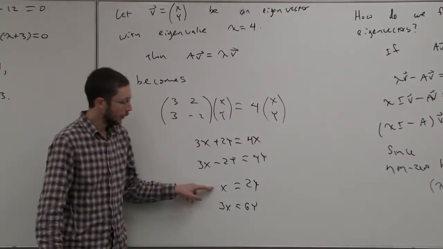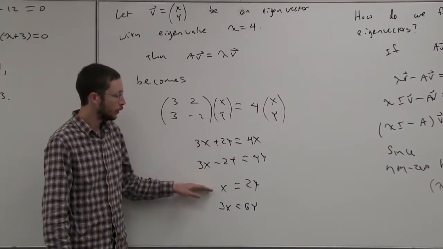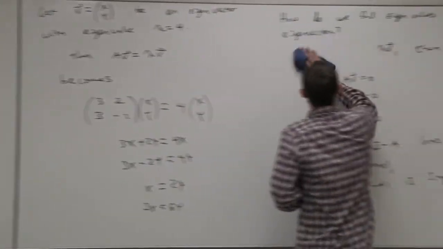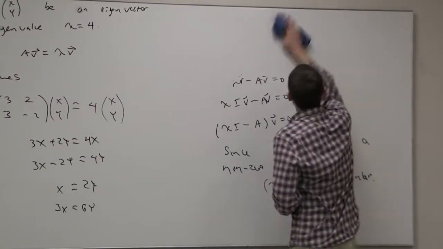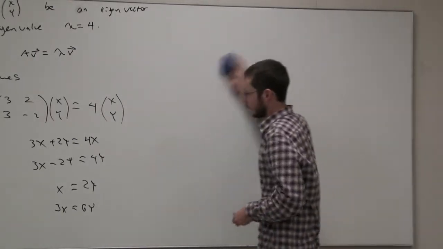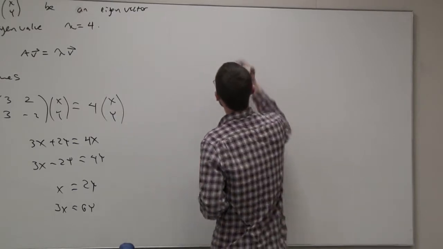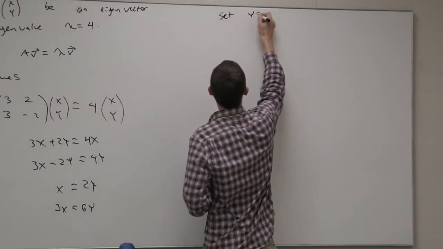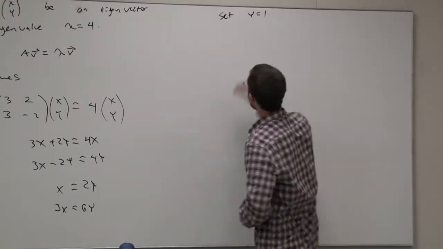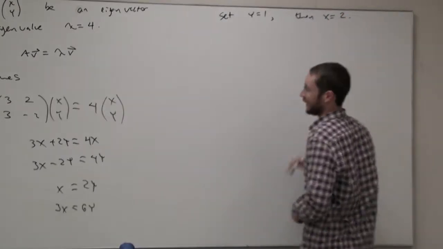In other words, there are infinitely many solutions to this equation, so all we have to do is pick one. In this case, let's just set y equal to 1. We're just going to pick any solution to this equation. If y is equal to 1, then we see x is equal to 2.